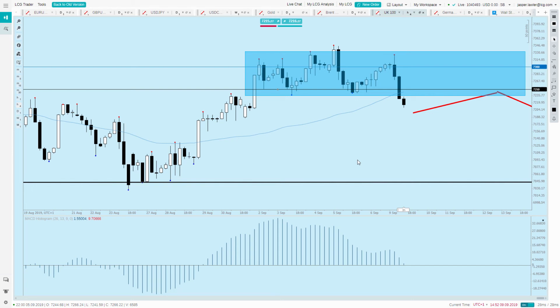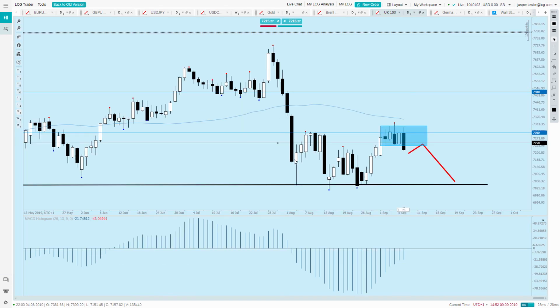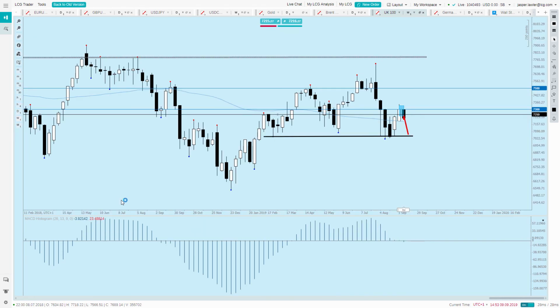Yeah, a little push up into that area, I think that would be your opportunity to expect a drop down to this key, if you remember, level. It looks better on the daily chart.